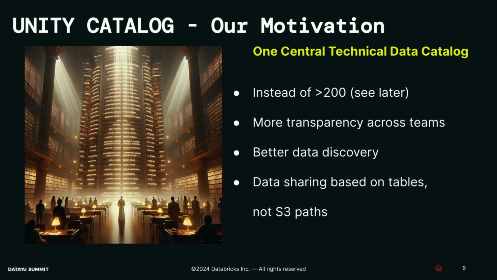If you want to look for data, you just go to this one technical data catalog, which is Unity Catalog, and that's it. In our case, it would also make data sharing much easier because we would share tables instead of S3 paths, which is what we currently do.